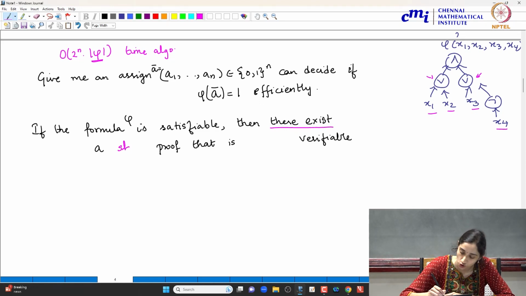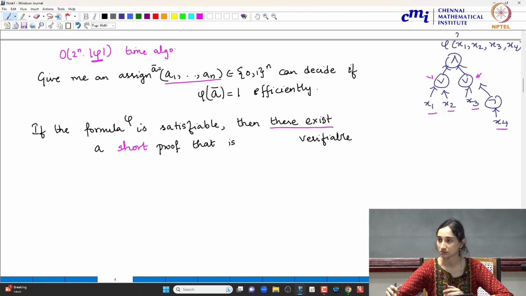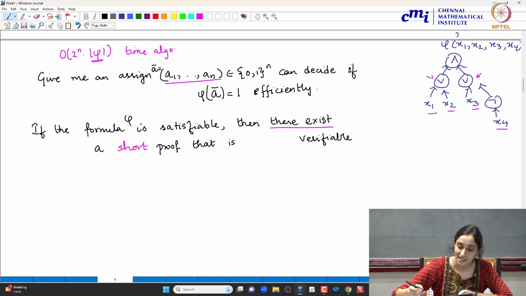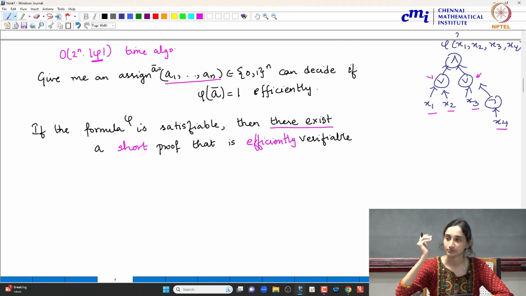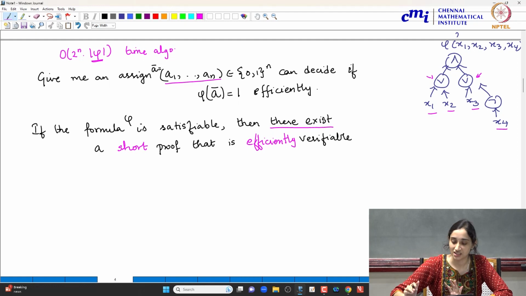The second thing is this proof is short. What do I mean by that? The length of the proof is only n, which is small compared to the size of the input. The formula has at least n variables. And I know that this proof can be efficiently verified. So these three things are there. Why does it have to be short?